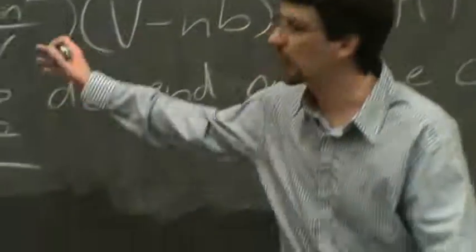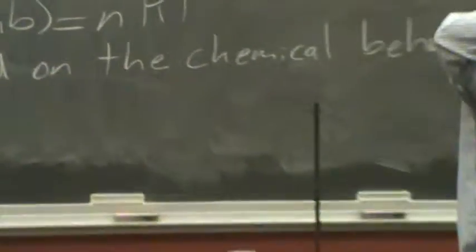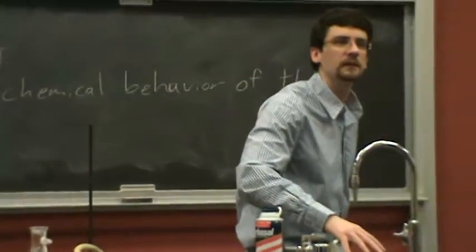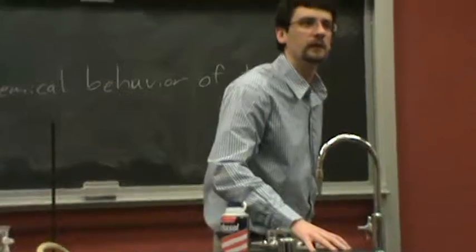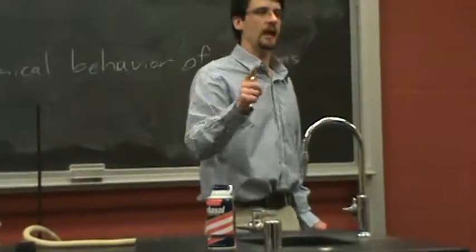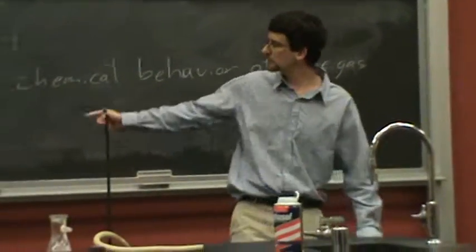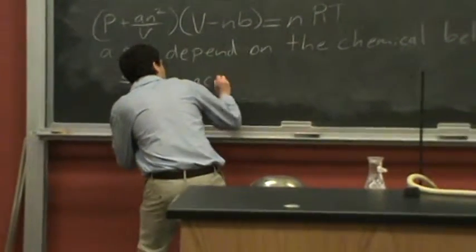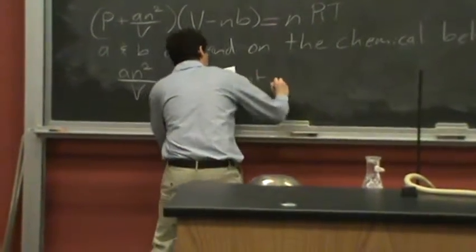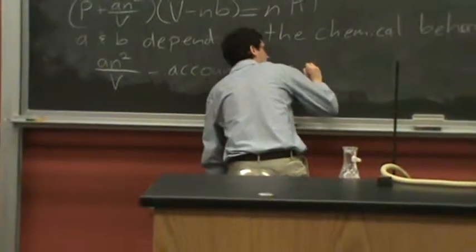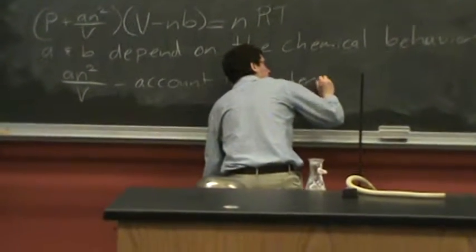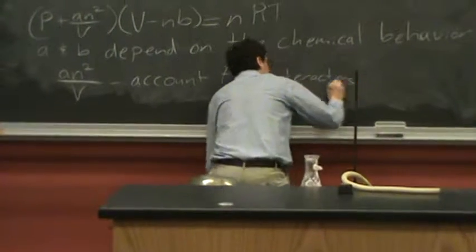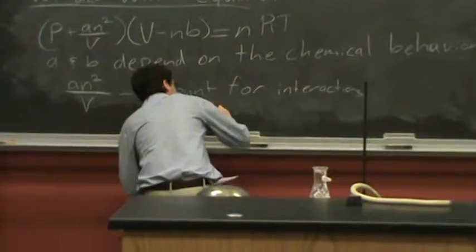It has to deal with the pressure. So as you increase the pressure, what happens to the molecules? They get closer together, meaning they interact more. What this tries to do is account for interactions between molecules.